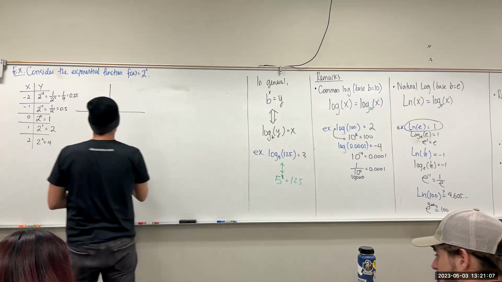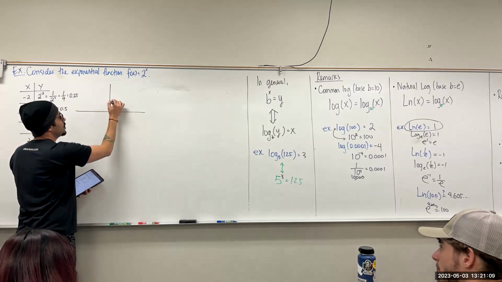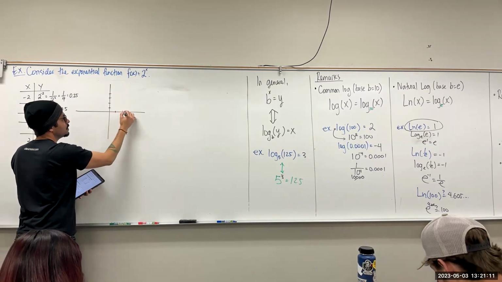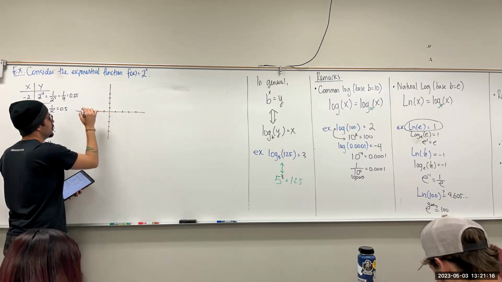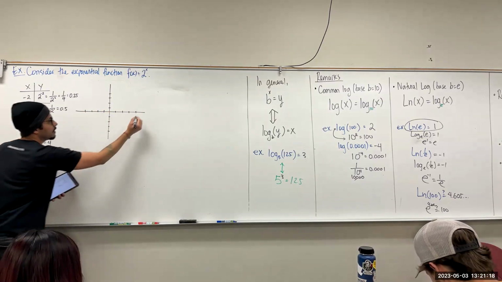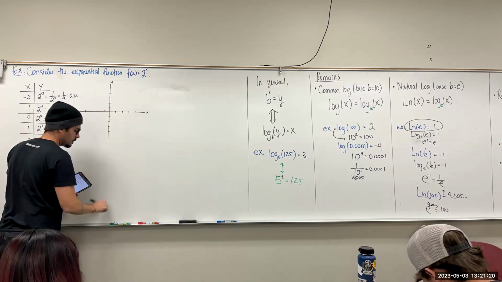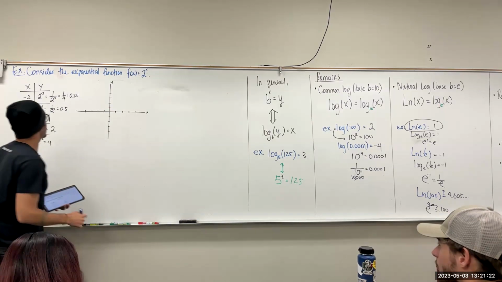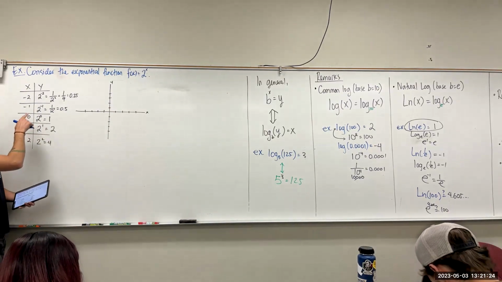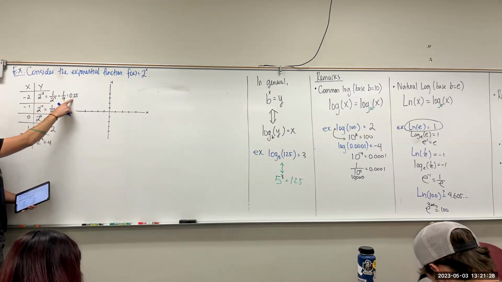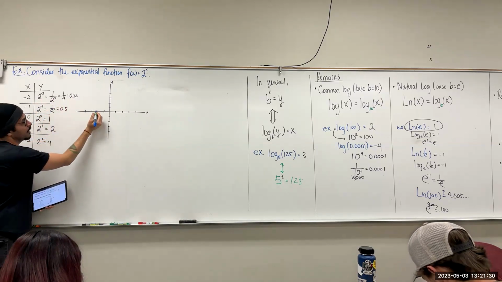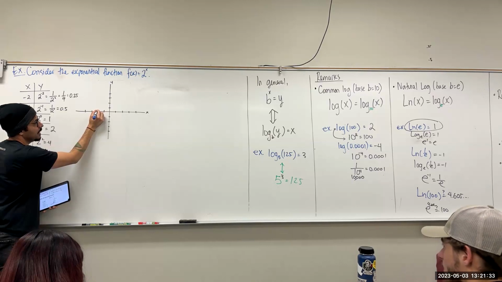Let's just do a couple of points. All right, this is X and Y. Let's plot those points as carefully as we can. At -2, the y value is 1/4, so it's 0.25, right there.